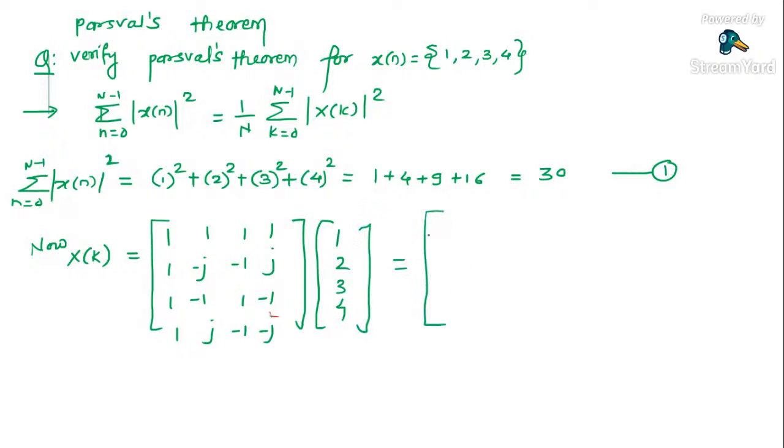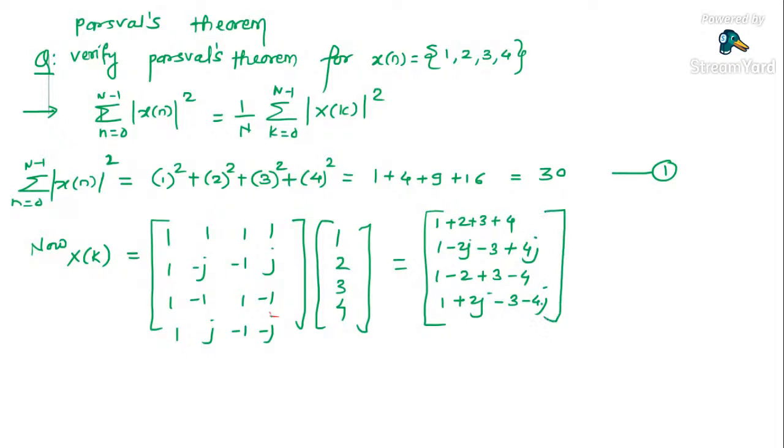So what is the DFT of it? 1 plus 2 plus 3 plus 4, 1 minus 2j minus 3 plus 4j, 1 minus 2 plus 3 minus 4, and 1 plus 2j minus 3 minus 4j. So the answer is 10, minus 2 plus 2j, minus 2, minus 2 minus 2j. Now this is x of k.